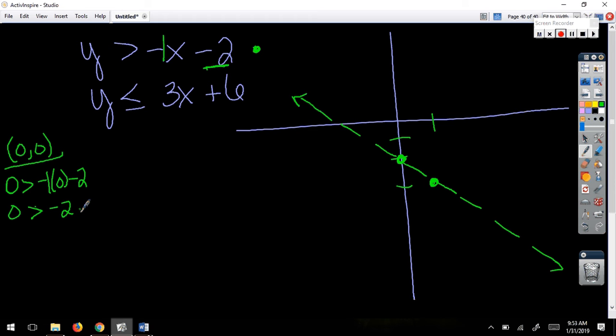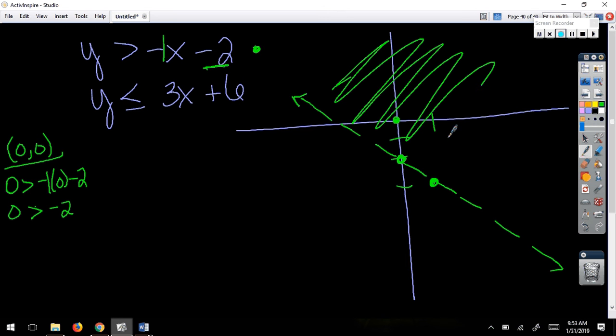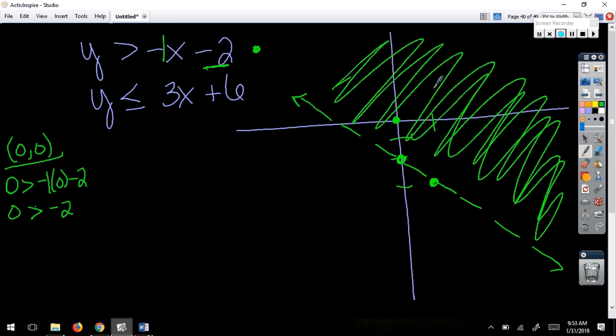Yes. Is the alligator mouth eating the bigger number? Yes. So that means this point is on the true side. So I'm going to shade that side. Okay? Anybody confused at this point?